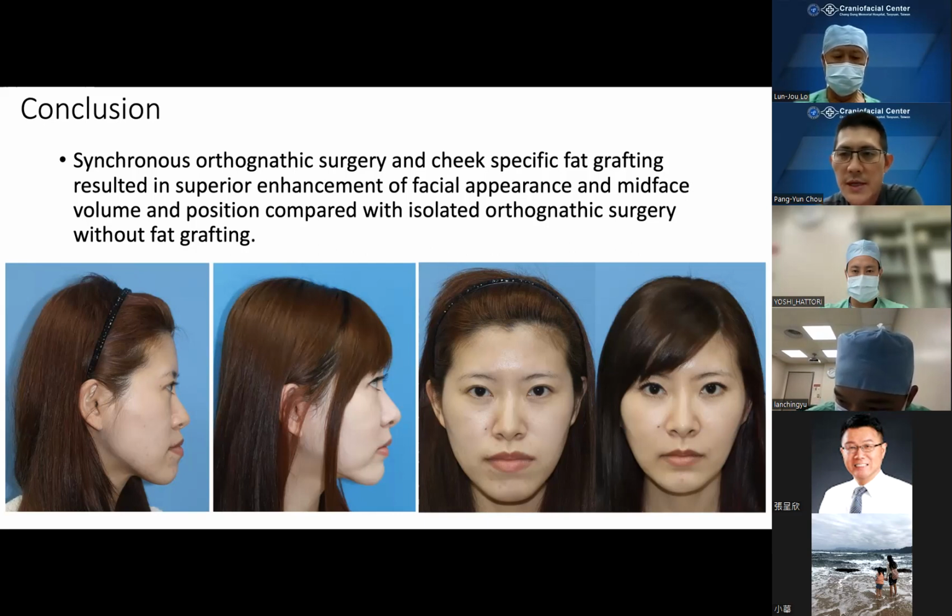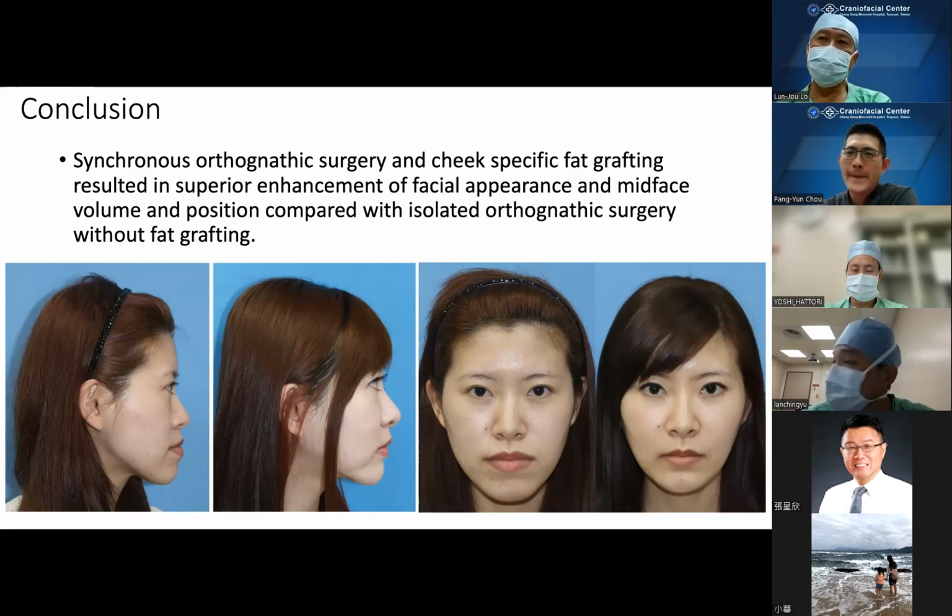Thank you, Professor Chen. Later, I would like to invite Professor Low. Would you like to perform simultaneous fat grafting in OGS cases as well? Well, I actually learned from Professor Zhang that in addition to the main operation OGS, there are several other things that we can do to improve the facial appearance.